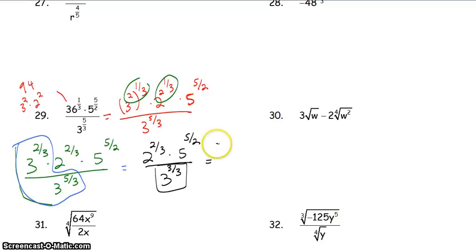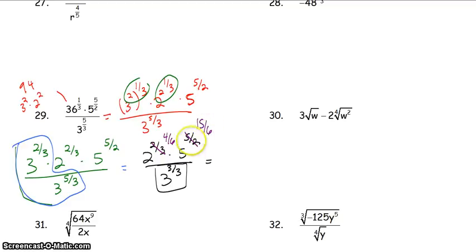We need a common denominator. So we need 6. So if this is 2/3, this is the same thing as 4/6. And if I need 5/2, this is the same thing as 15/6. Okay, and then the last step is, how many 5s can we take out? Well, we can take out 12.